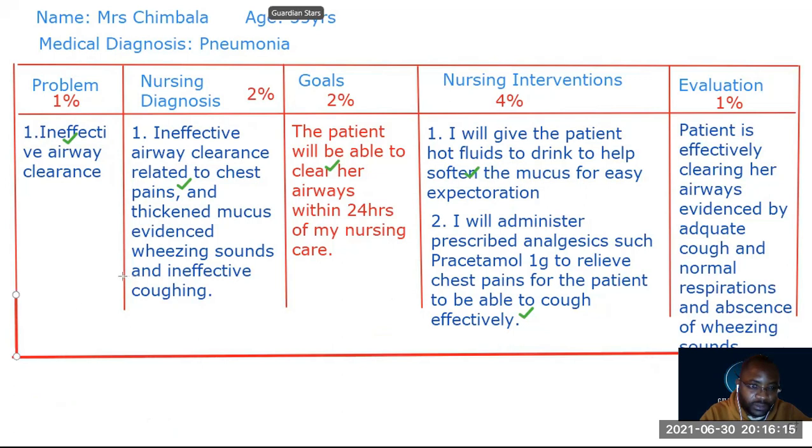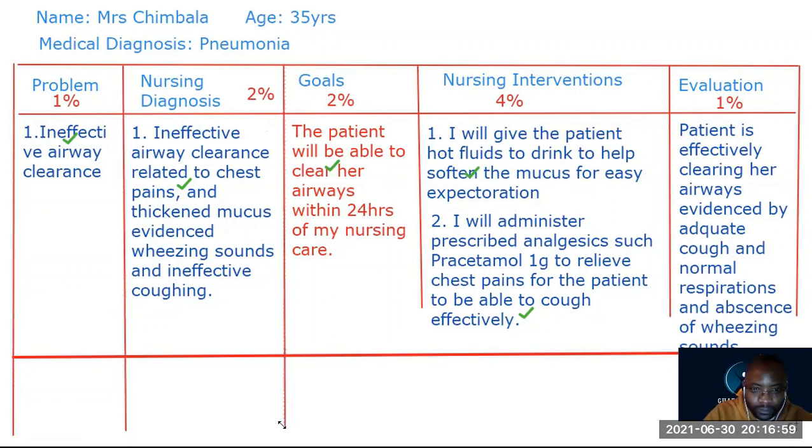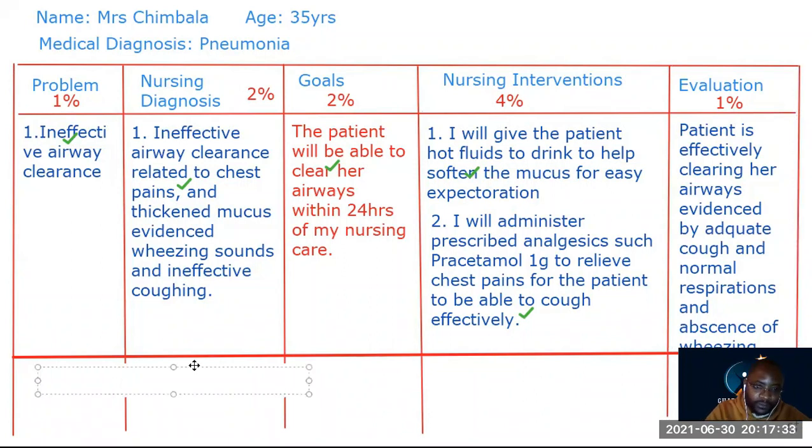Just make sure that you've done this one. As you go to the next problem, if you want, you can extend those. If you want to discuss another problem that you've identified, you have to create another row.